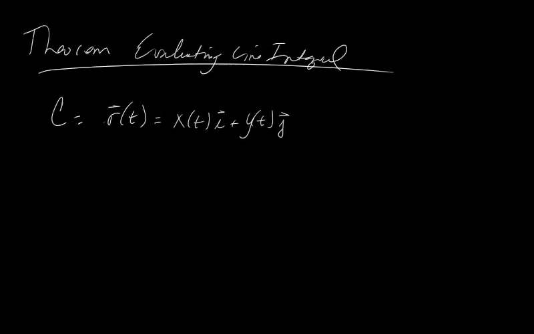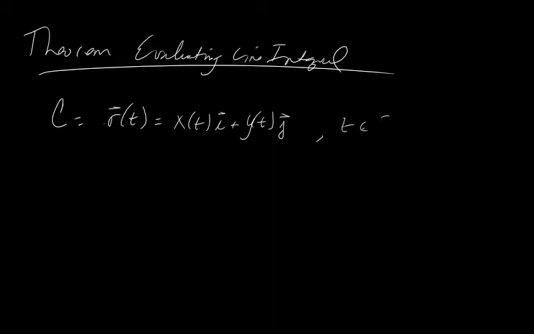If f is continuous on a region containing a smooth curve C, if C is given by a vector valued function r of t equal to x of t in the i direction plus y of t in the j direction, where t is in the interval from a to b. Okay.